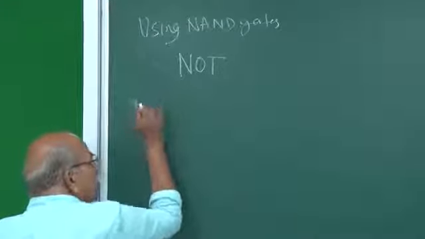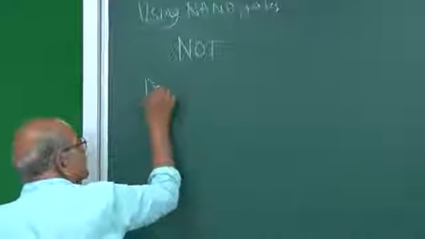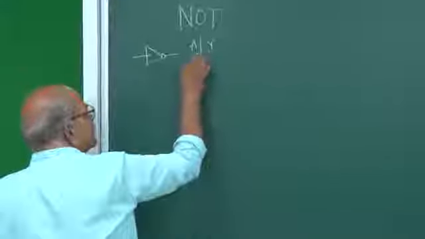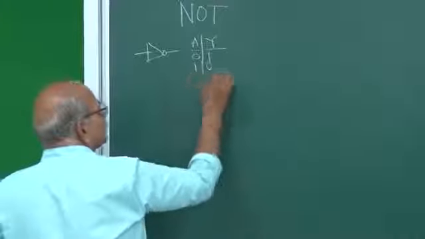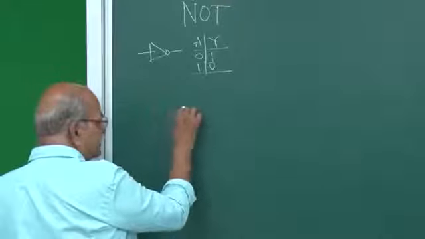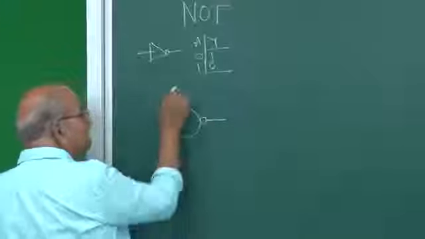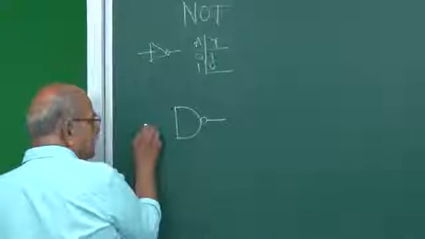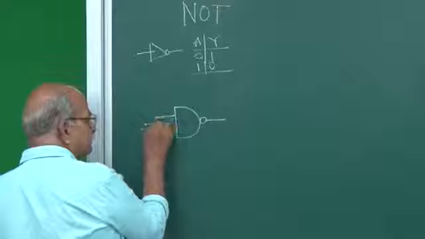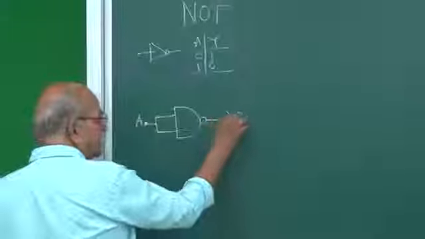NOT is just one input and one output, and this was the symbol, and the truth table was: A is here, Y is here, 0 1, 1 0, simple. You take just a NAND gate, and then your input is just one single input, but the same input you connect to both the input ends. So this point is A and this point is finally Y.